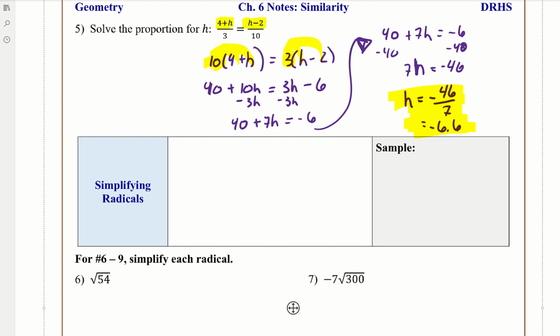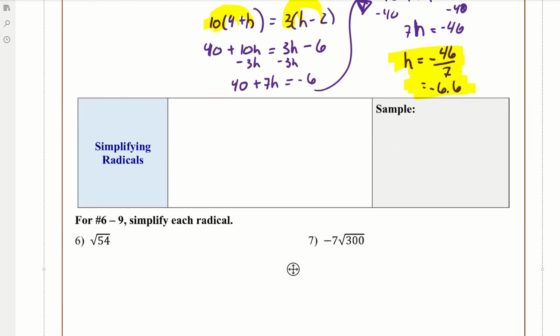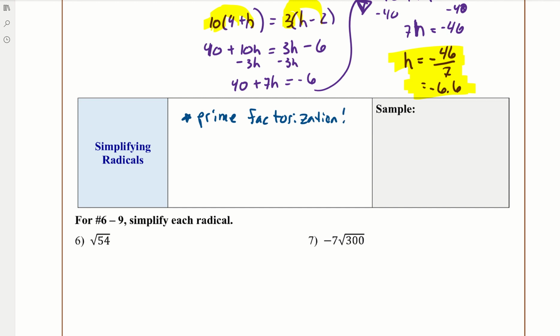Okay, so we're going to look at simplifying radicals. To simplify a radical, you are going to do prime factorization. That is what it is called, prime factorization. I don't know why I put an exclamation point. You don't need it.